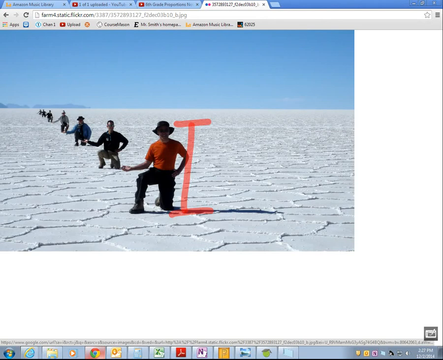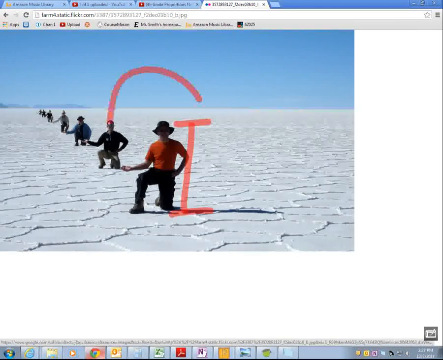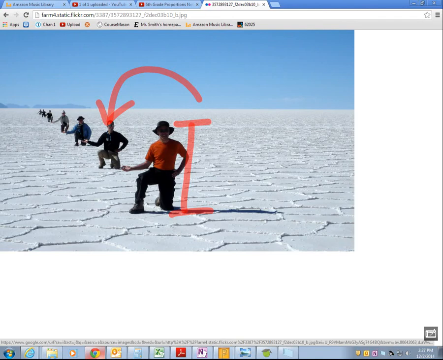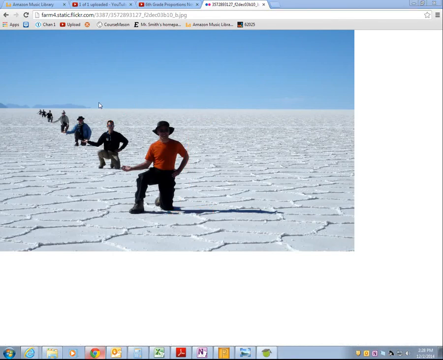So if we measured the distance of him to the camera and how big he looks, if this guy here is the same height-ish, that's going to be the same proportion. Because, like it said in your notes, the closer to the camera lens, the bigger in the image. So closer to the camera, bigger image. Farther from the camera, smaller image. And that's why they can do forced perspective and stuff like that.